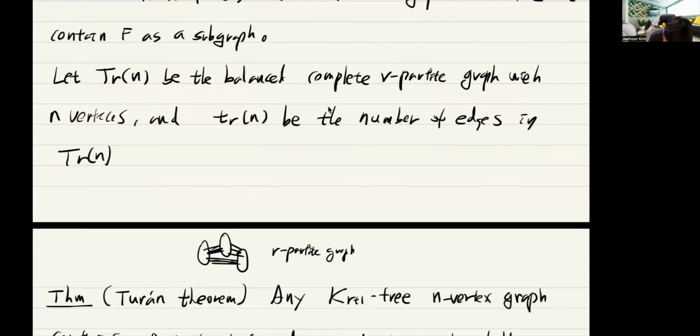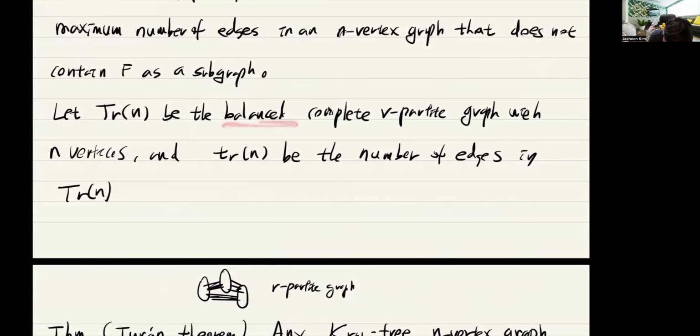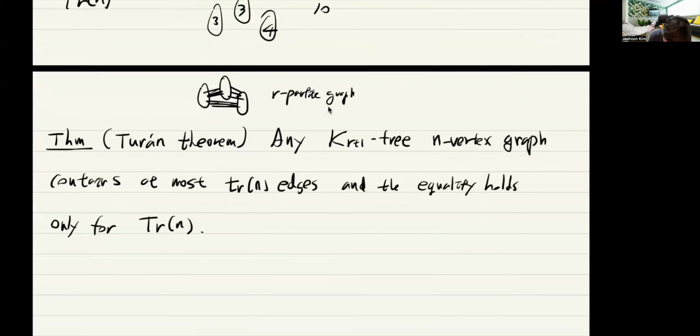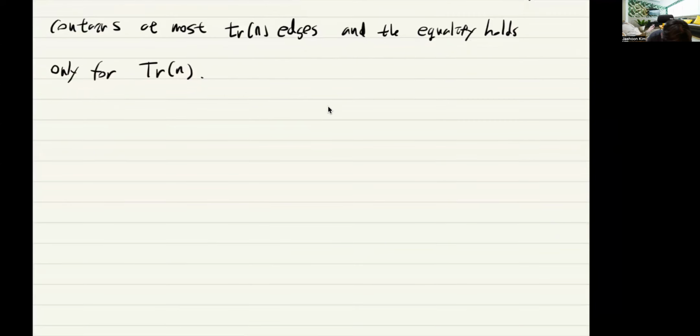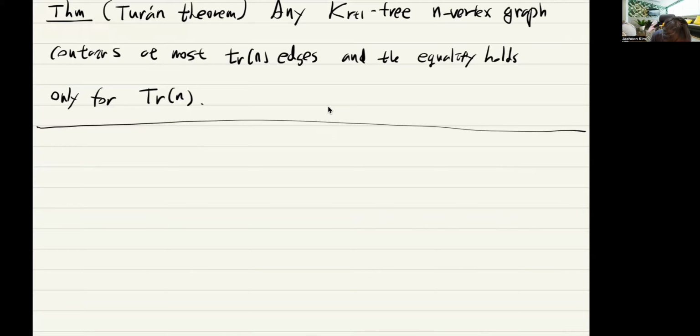This is called the Turan graph. And here balanced means that the number of vertices is as balanced as possible. If the number of vertices is 10, then you put 3, 3, 4, so that the difference between the largest one and the smallest one is as small as possible. And that difference is at most 1. So this is what we have learned about.